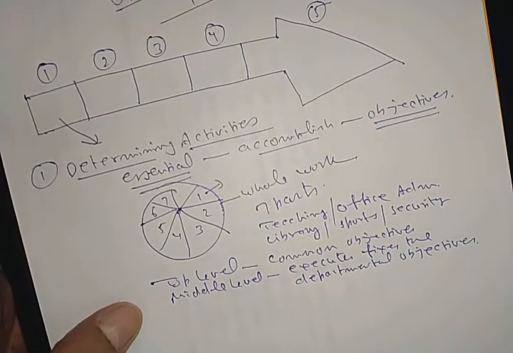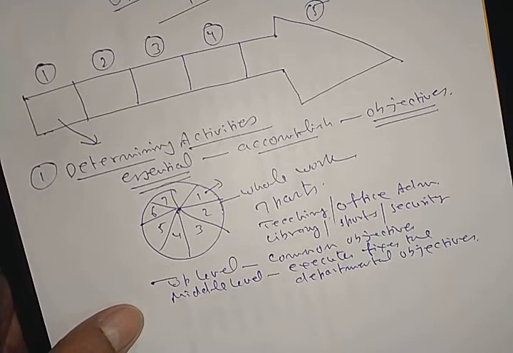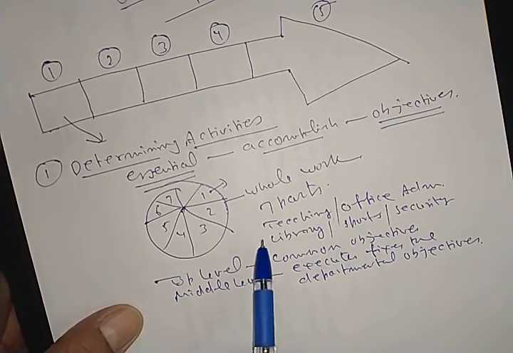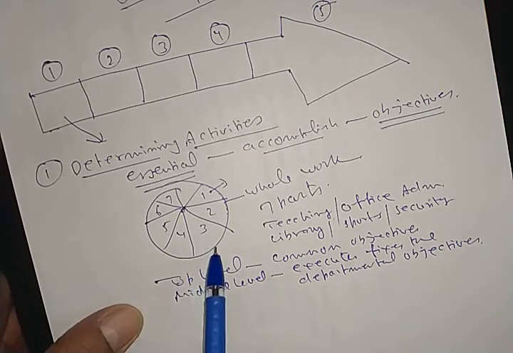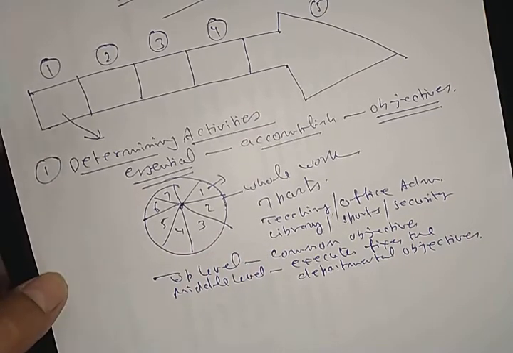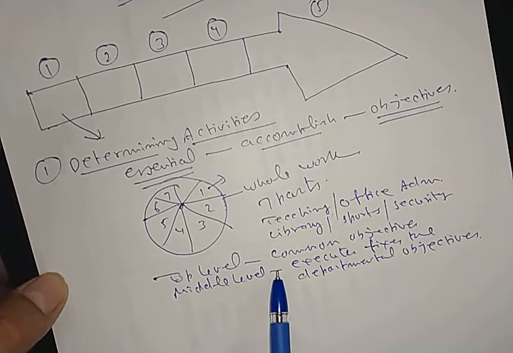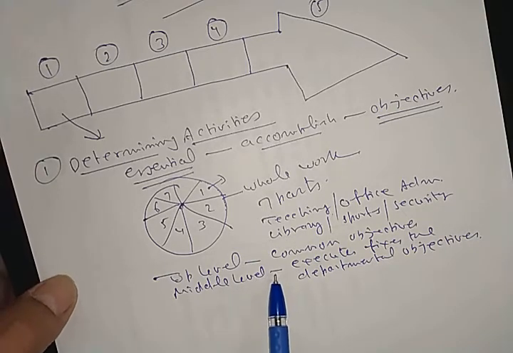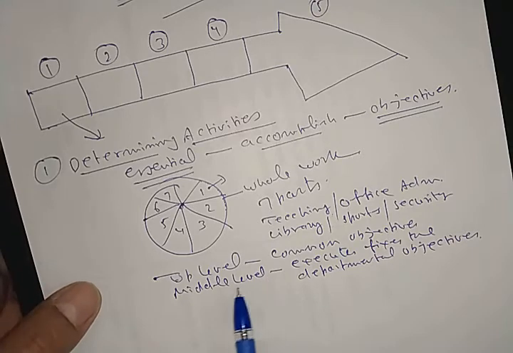What are departmental objectives? Suppose teaching is one part of the entire work. Now teaching can further be divided by the middle level as senior, junior, etc. Clear?